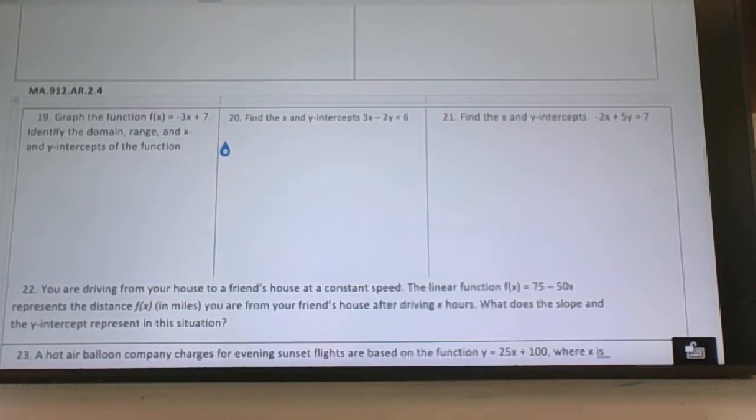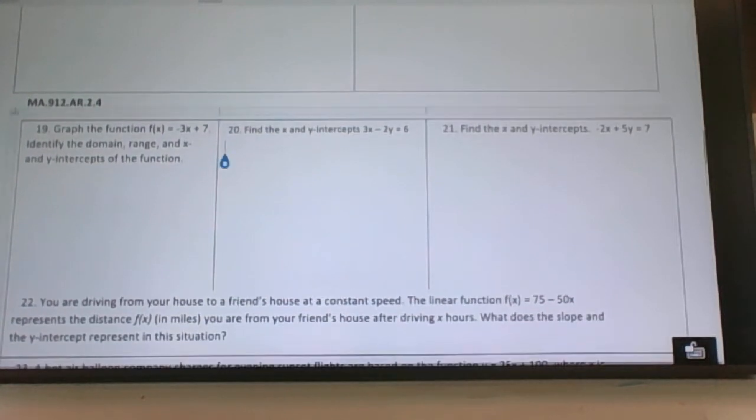Yeah, it's because of the arrow. So don't just look and see what you can see. You got the arrow going forever, left and right. The domain is all real numbers. And the range is all real numbers, except for word problems, right?